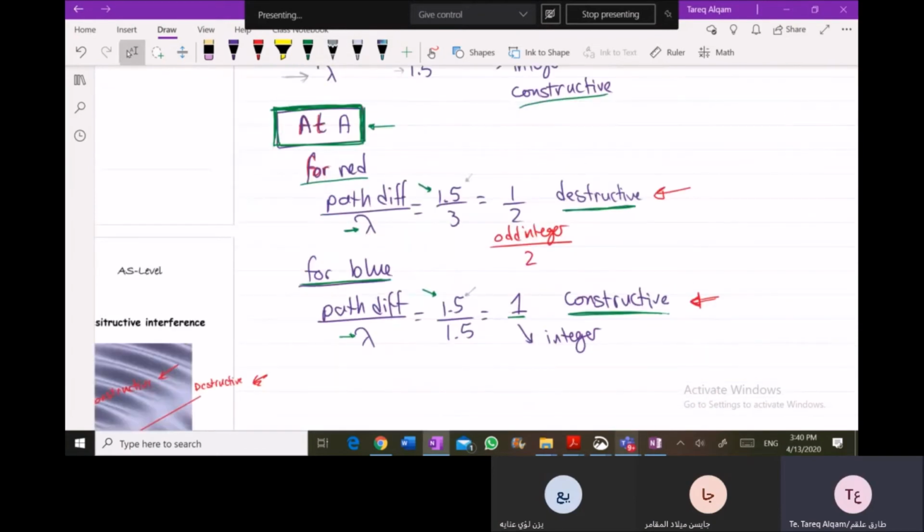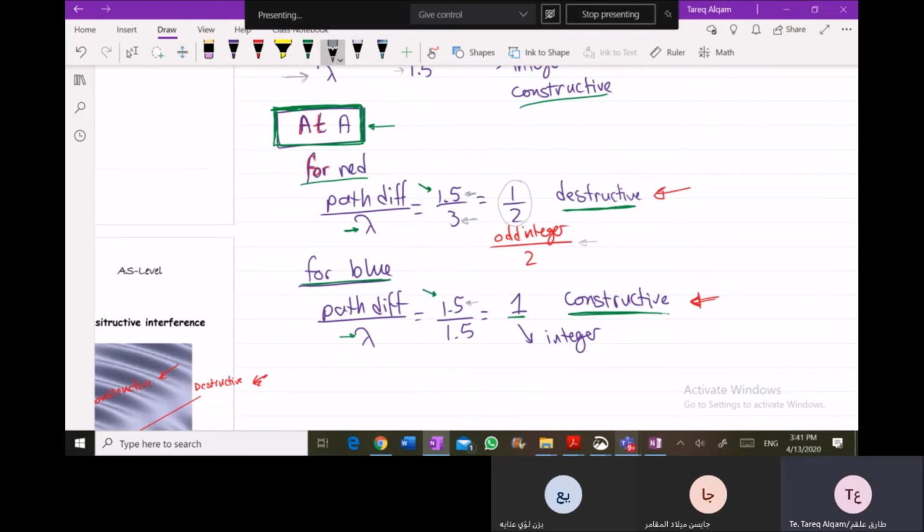Now if we go to A, to understand more: at A the path difference is 1.5, and for blue too the path difference will not change. The thing that may change is the wavelength. If I divide the path difference over the wavelength for the red, I will get a half. This means I have an odd integer over 2.